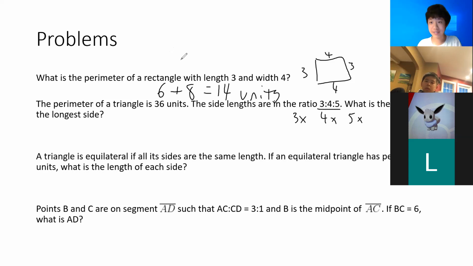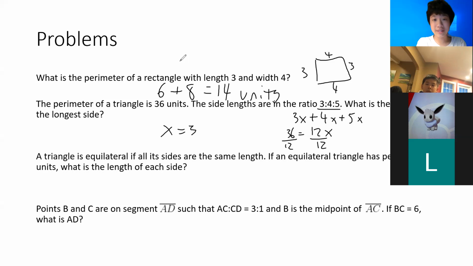So the perimeter means that we have to add all the sides together. So if we add 3x, 4x, and 5x, we get 12x. So 12x is the perimeter. 12x equals 36. So what is x? We just divide by 12 on both sides. So x is going to be 3.